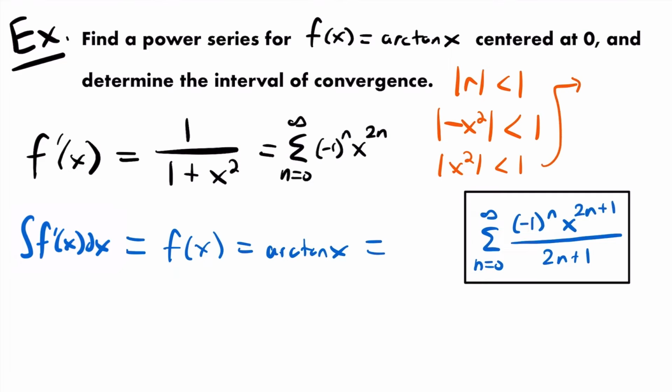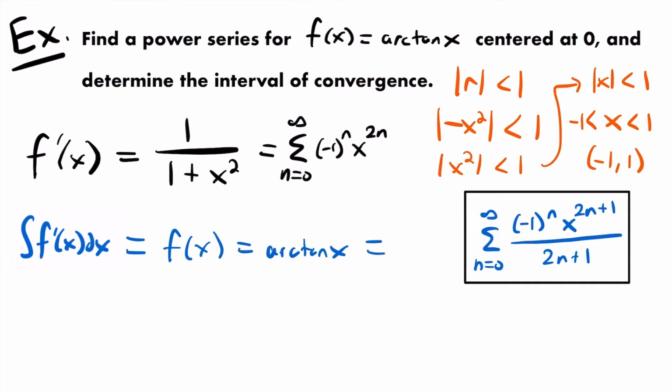So now we would have the absolute value of x is less than 1, which tells us that when x is between 1 and negative 1, that our series will be a convergent series. All right, so the interval of convergence will be from negative 1 to 1, at least for this power series, and this will be the same for this power series, which is the integral of this one, but we will have to check the endpoints because they could change.